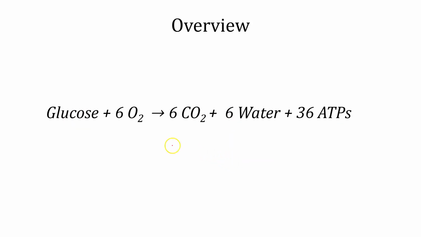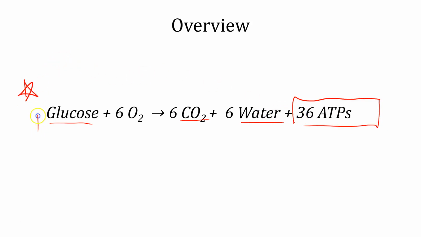So all that to say, what happens to all of the sugar that you eat in the morning and all of the glucose that's found in all of the different foods that you eat throughout the day? Ultimately one of the fates of it is to be stripped down, and then you breathe it out as CO2, and it accumulates as water, and in the process you make a whole bunch of ATP, which is energy to drive stuff. This is an important equation.